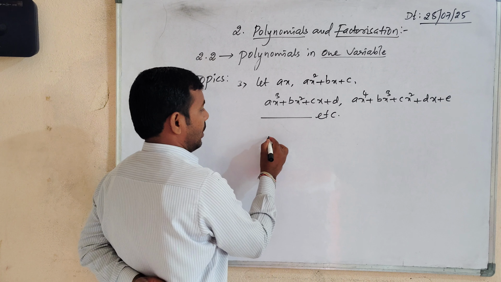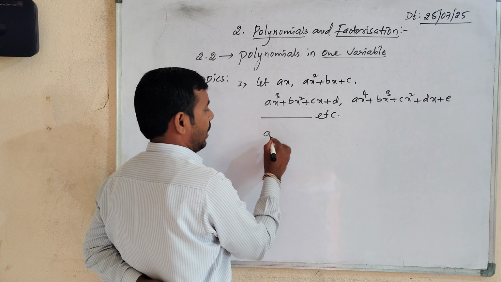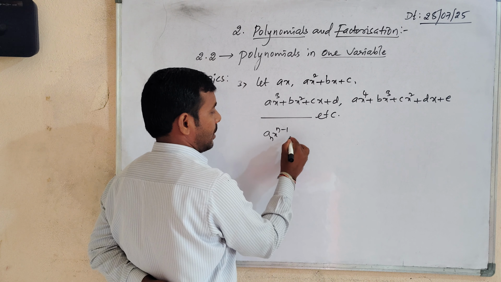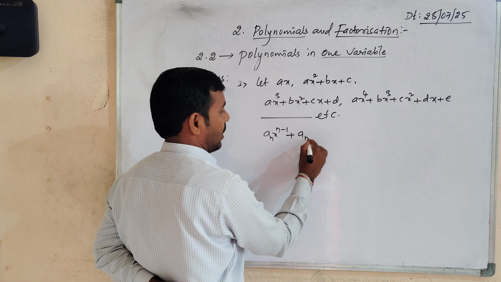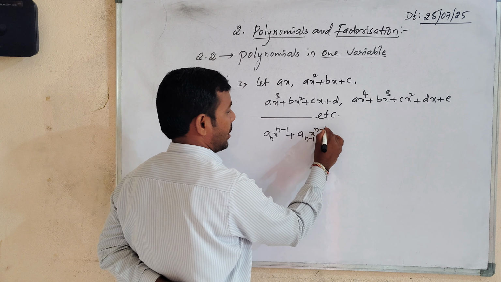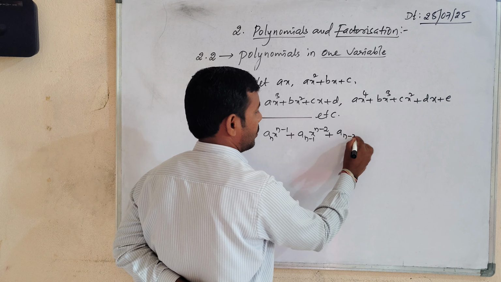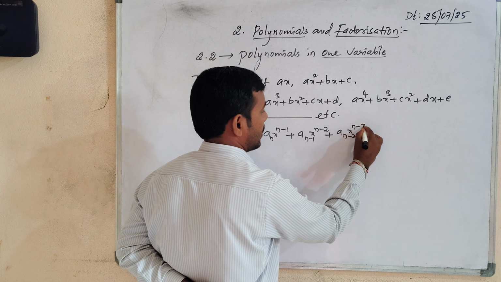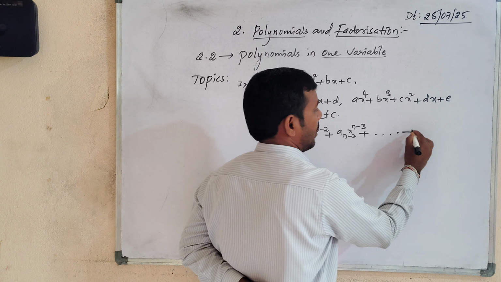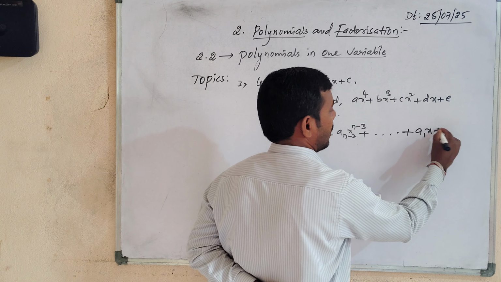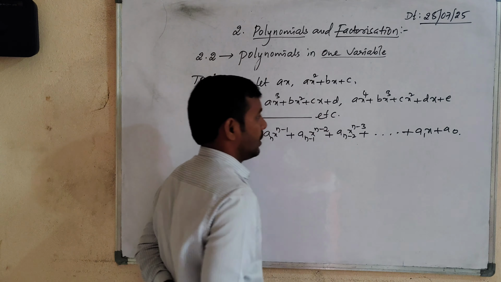And one more, a n x to the power of n plus a n minus 1 x to the power of n minus 1 plus a n minus 2 x to the power of n minus 2 dot dot dot a1 x plus a0.